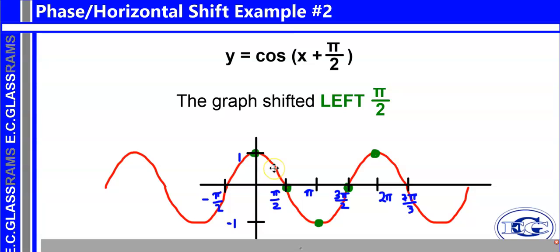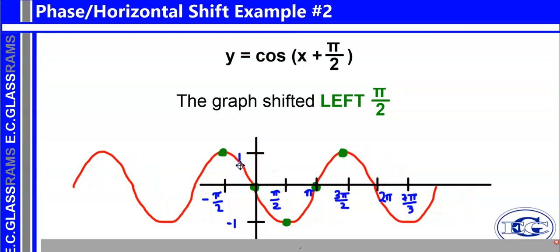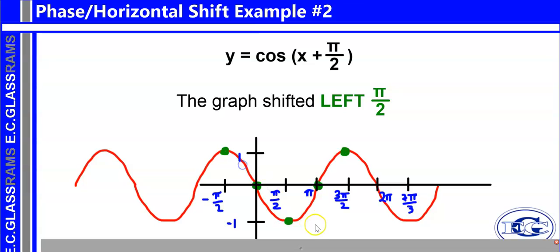Well, I shifted to the left pi over 2, so that just means I move it to the left to negative pi over 2 over there, and this is now going to be my new graph after it shifted left pi over 2. And that's all there is to it.